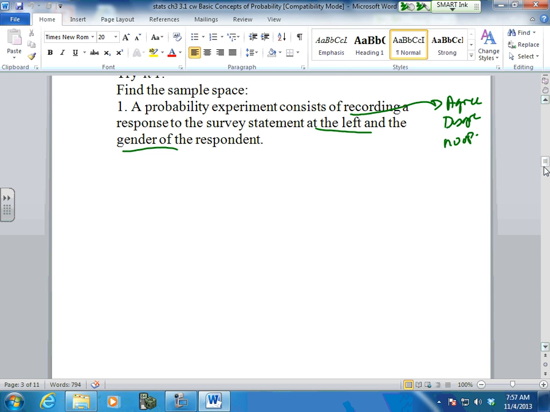So I need to figure this out. So I start with me. And how many choices do you have in the survey? Three. So I have three choices to make. What can they be? Agree, disagree, no opinion. What's the probability of each one happening? 1/3. There's three possibilities.